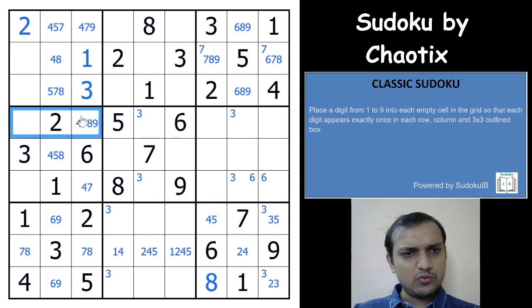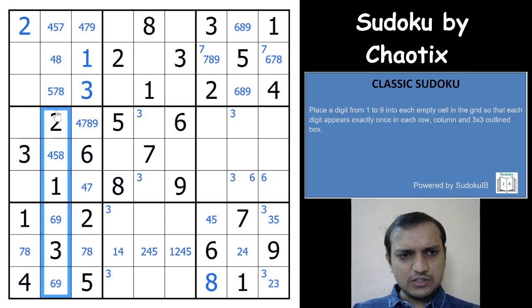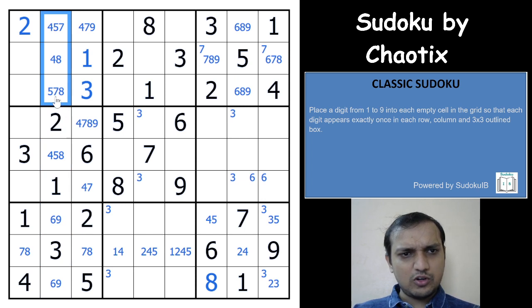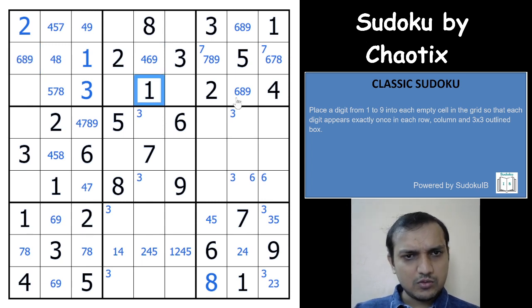We know that 7 would have to be in one of these 4 cells. 7 would have to be in one of these 2 cells in this box. So if we see that this column can have 7 in only these 3 cells, this cell cannot be a 7. 4, 6 and 9. 6, 8 and 9.